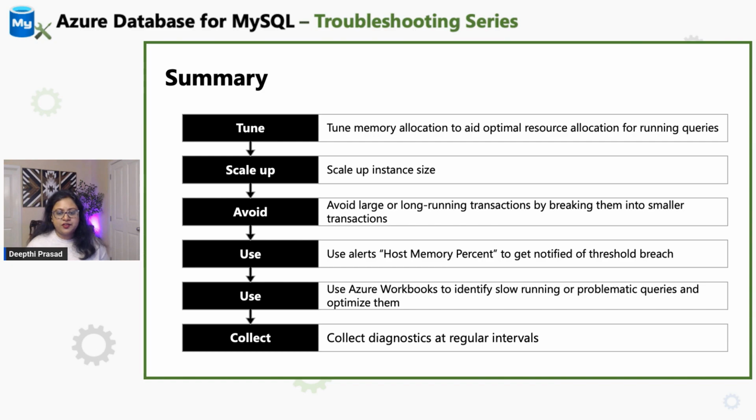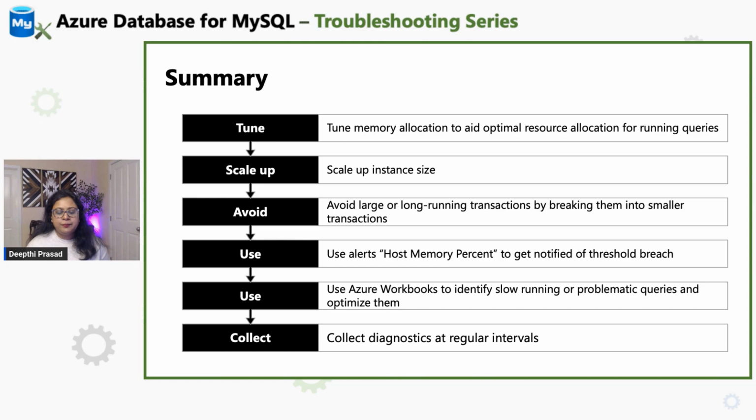So, in summary, we need to realize that this is a continuous process, but the heavy lifting is done by the PaaS service, that is Azure Database for MySQL, which provides enhancements and enough channels for you to be better informed about the health of your DB instance. Once you tune the parameters to your workload, all it needs is a periodic review to ensure there is minimal impact of a growing dataset and expanding application.